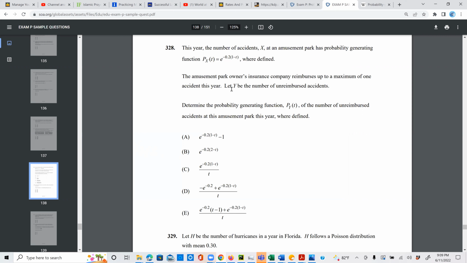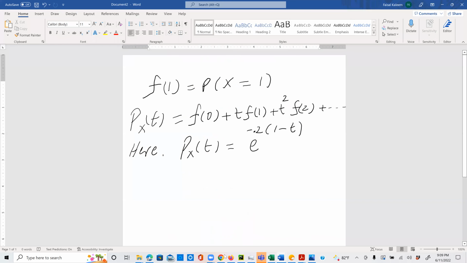Let's first discover a relationship between Y and X. X is the total number of accidents, and Y is the number of unreimbursed accidents. So let's make a little table: X, total accidents, and Y, unreimbursed.